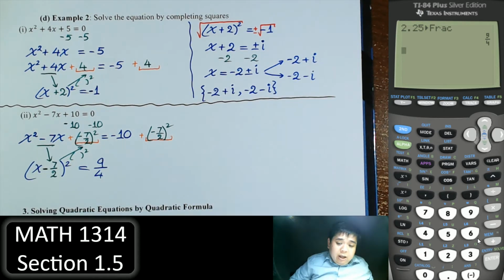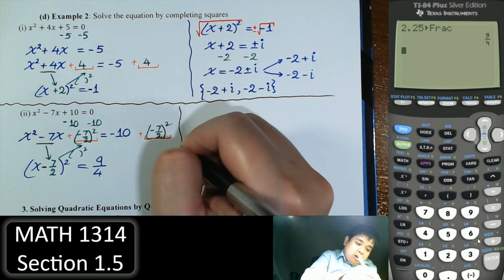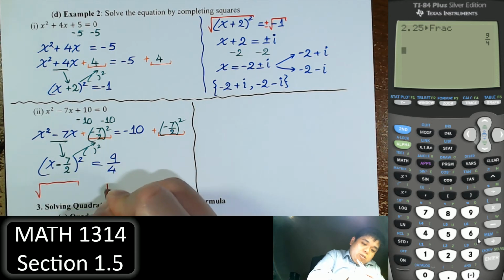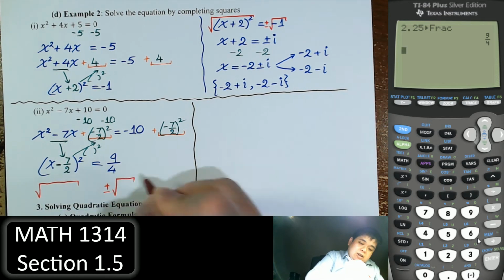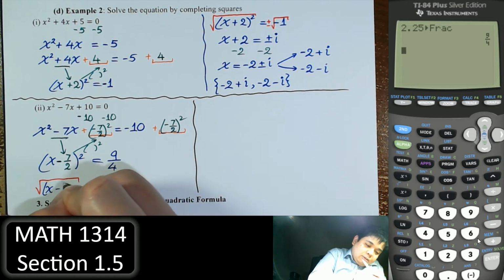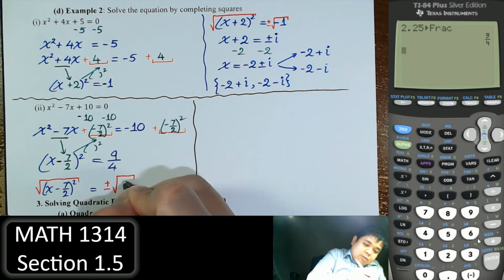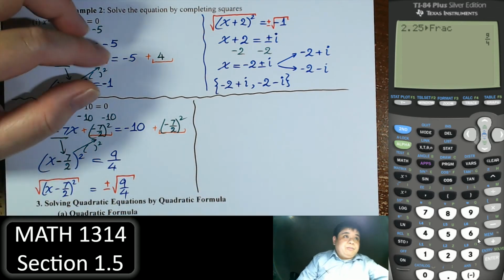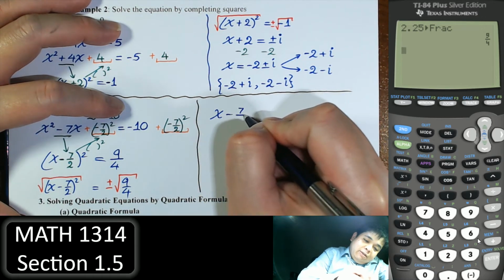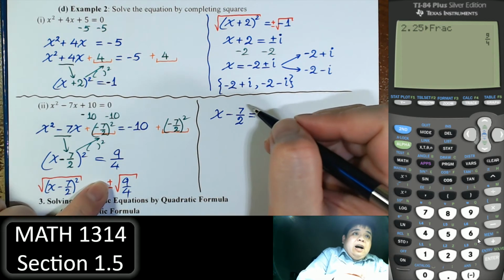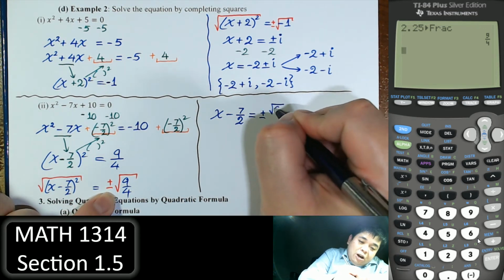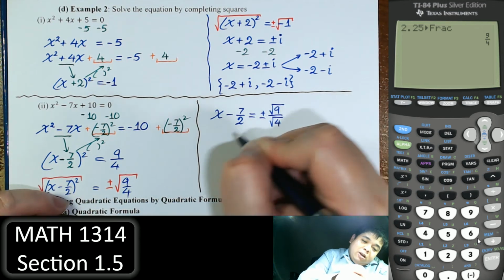Right, next we will take the square root on both sides. When we take the square root, keep in mind there will be a plus or minus on one side. Now the square root cancels out, we have x minus 7/2 equal to plus or minus. We can split the square root into the square root of the top and the square root of the bottom.